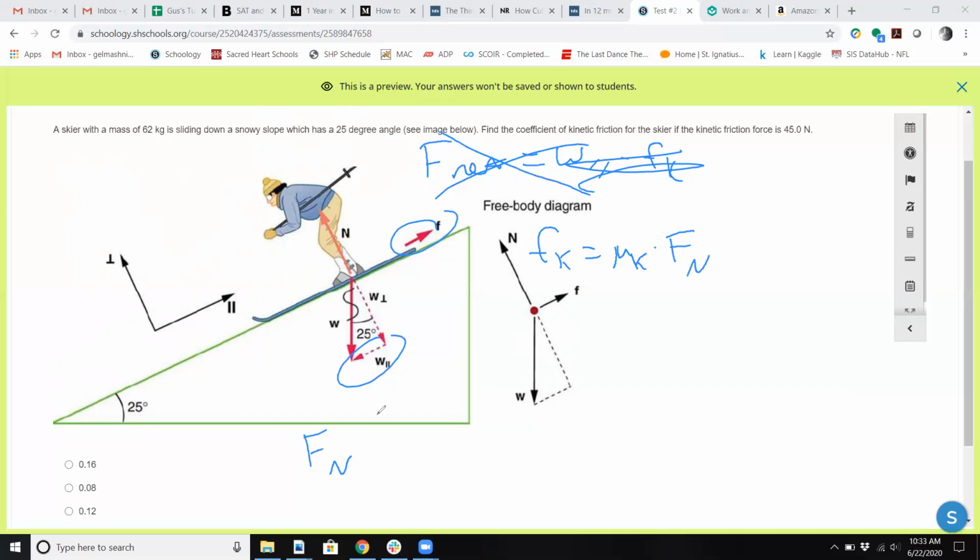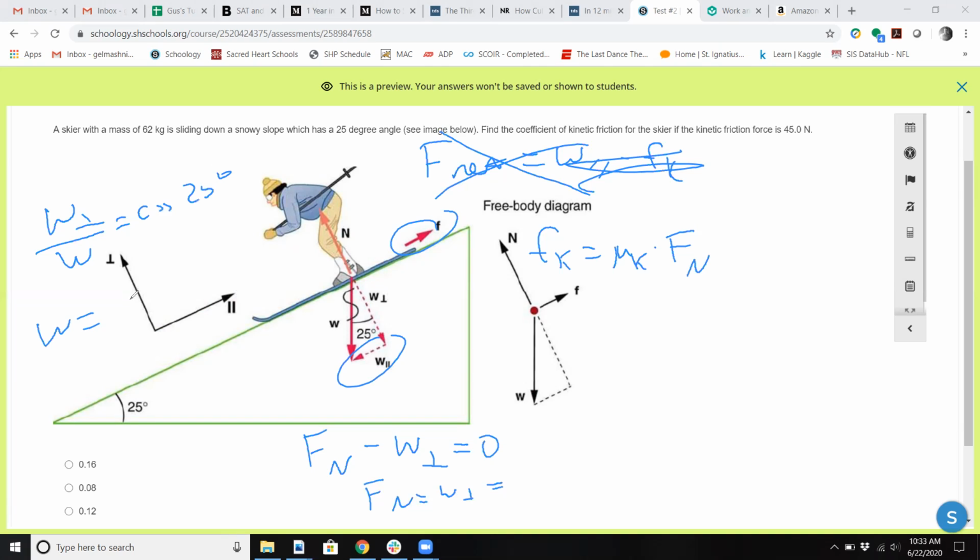Our Fn is basically just going to balance out with the perpendicular weight, and the net force perpendicular to the surface equals 0. So our Fn is going to be our perpendicular weight. If we look at it, you want cosine 25 degrees, so W perpendicular over W equals cosine 25 degrees.